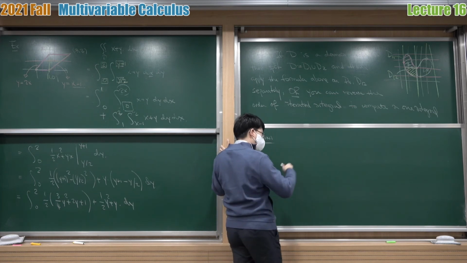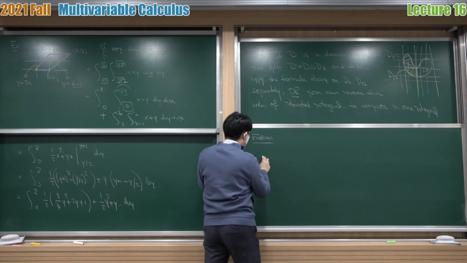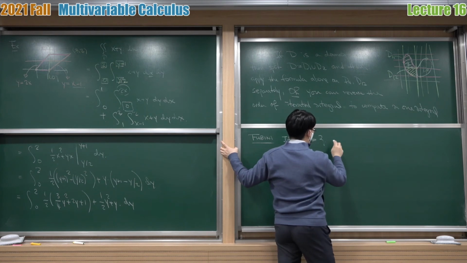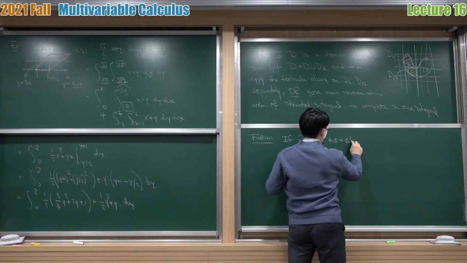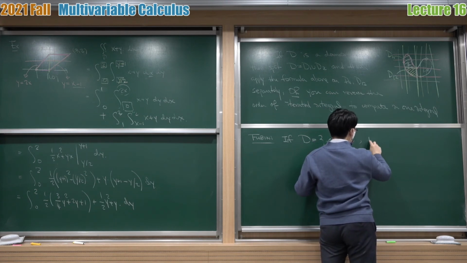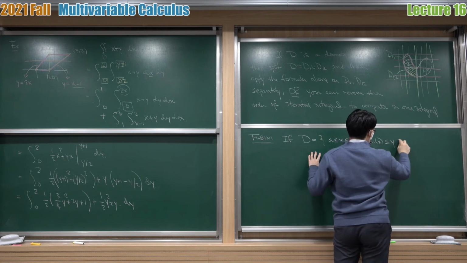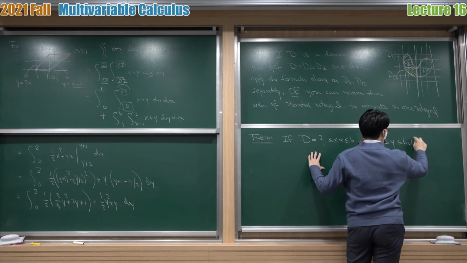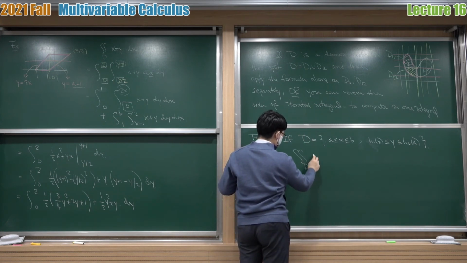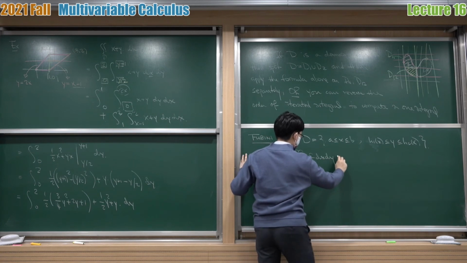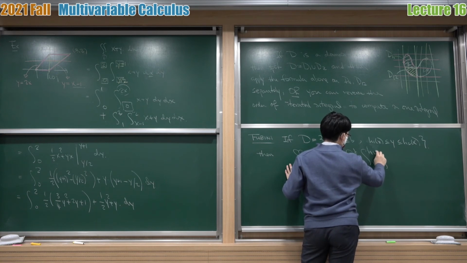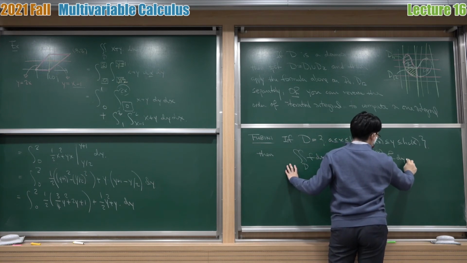It says that if you have a non-rectangular domain, such as D equals x from a to b, and for each x, y is from h1(x) to h2(x), then the double integral of f over D is equal to the integral from a to b of the integral from h1(x) to h2(x) of f dy dx.